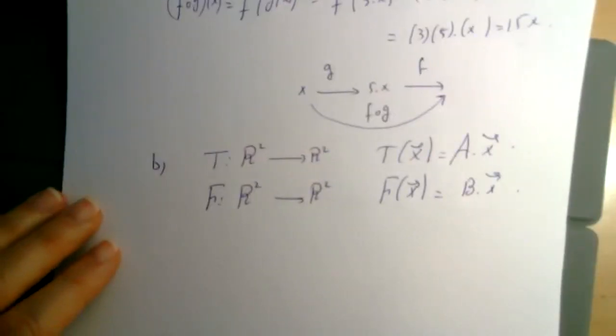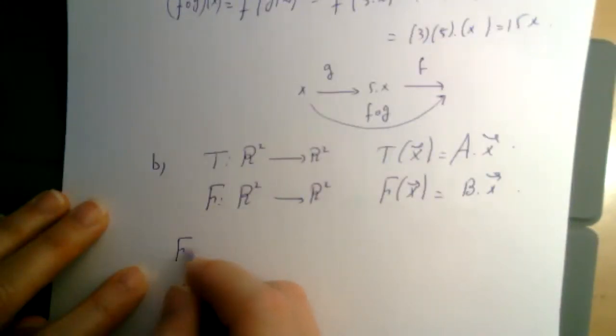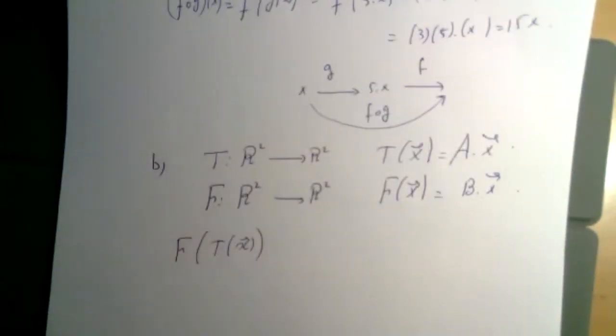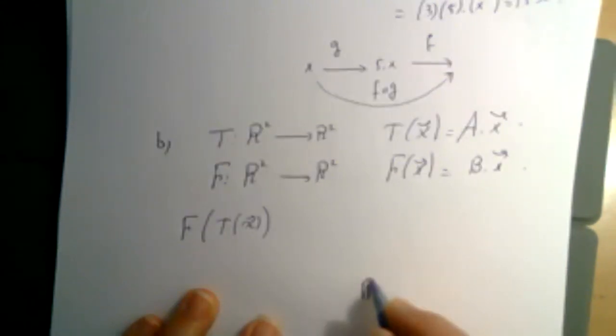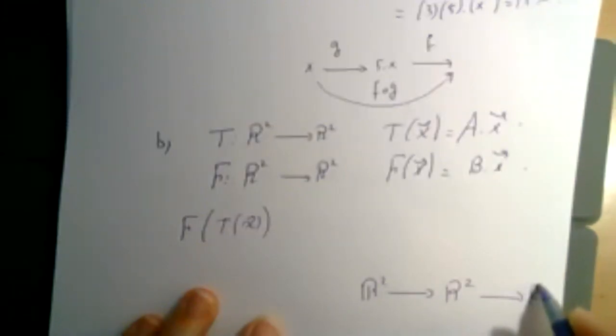So those are the two transformations. And now I'm looking at the transformation F of T of x. So what am I really looking at? I have R2, R2, R2.